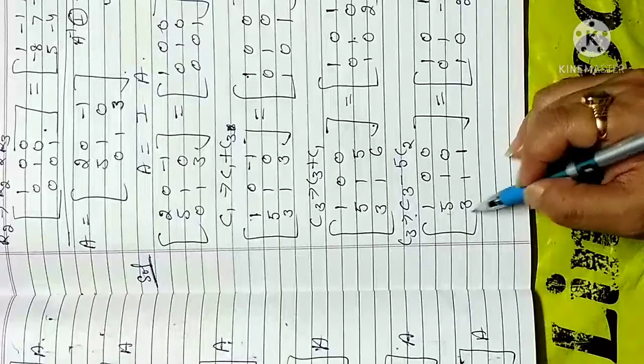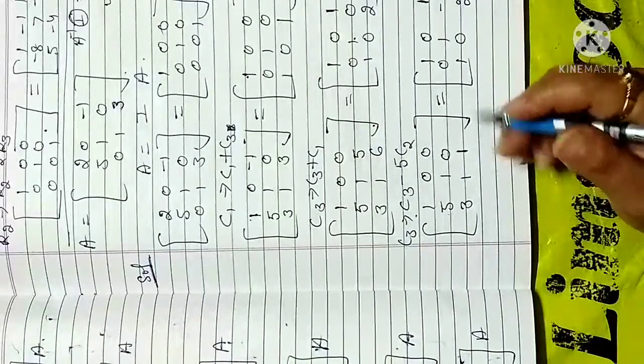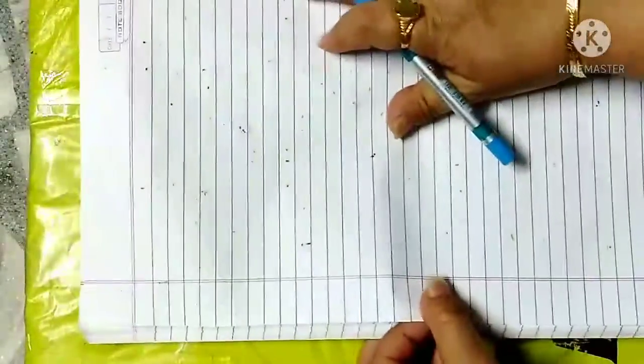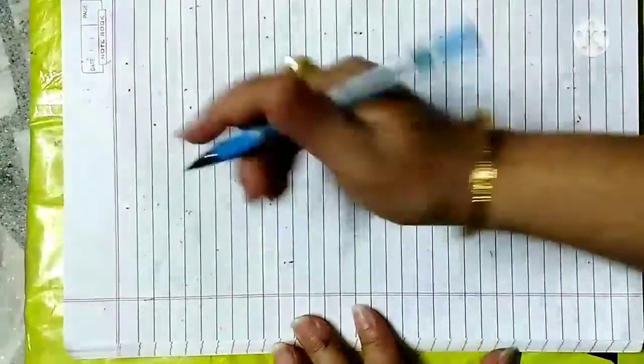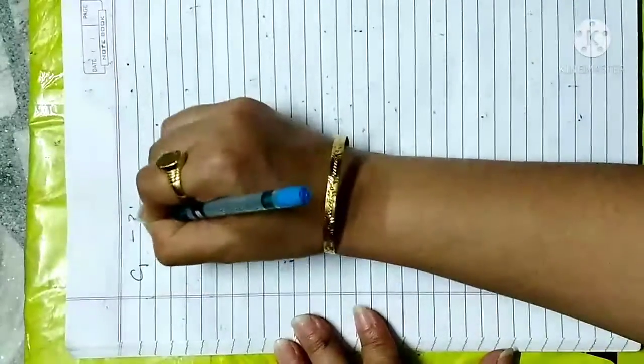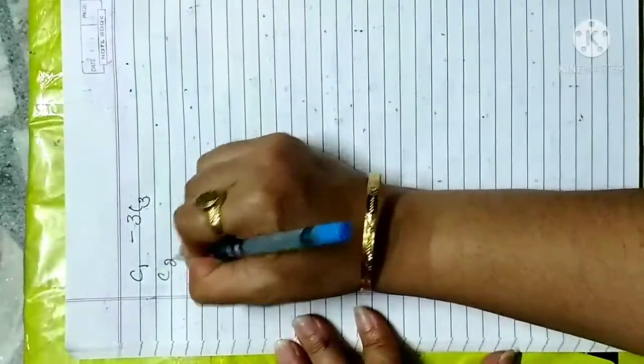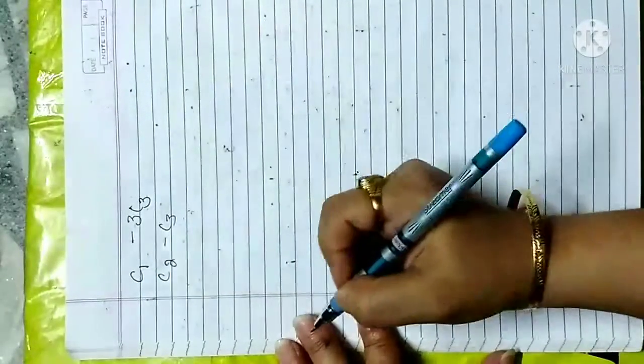First I will target these two terms to become 0. Okay, so I apply the property here, that is column 1 minus 3 times column 3 and column 2 minus column 3.